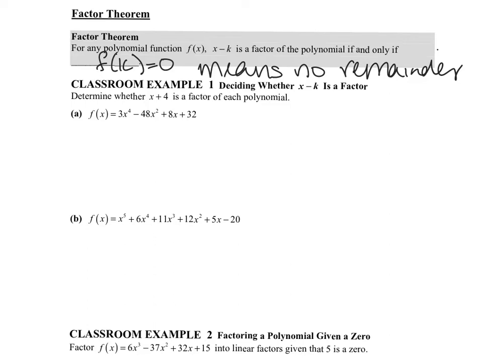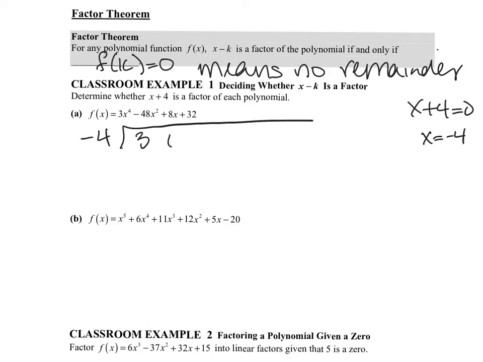Since it's x plus 4, we have to do x plus 4 equals 0 and solve for x. So x is negative 4. We're going to put the negative 4 on the outside of the box, and then look at our exponents: 4, 2, 1, none. Since we skipped 3, it's going to be 3, 0, negative 48, 8, 32.